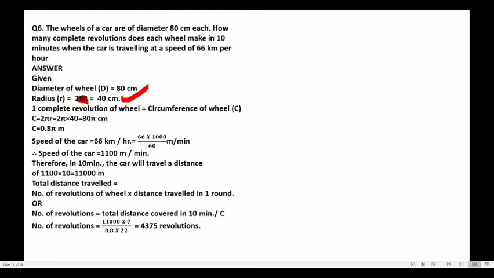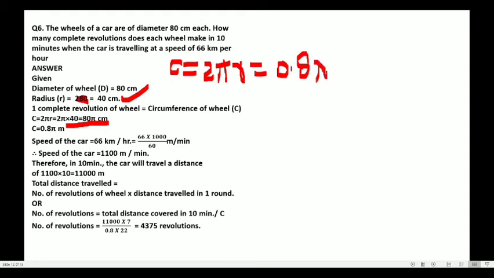From this we can find one rotation, or the circumference, by 2 pi r, and I have solved this circumference as 0.8 pi. You can write it as 22 by 7 also, or just write 0.8 pi. Right now I'm just leaving it as 0.8 pi.